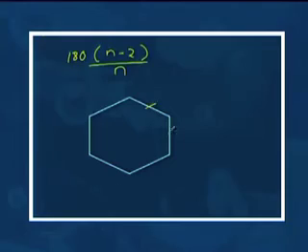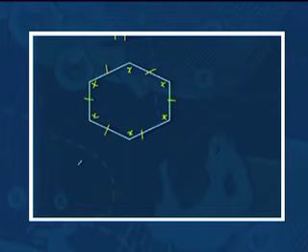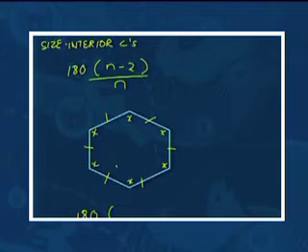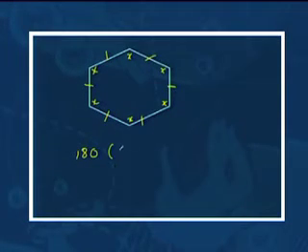So if we look at a regular hexagon, remember a hexagon has 6 sides, so each of these sides being equal, and each of the angles, if we just call them all x, they are all equal to each other. If I would like to determine what the size of each of these angles are, all I've got to do is substitute it into my formula to work that out. So it's 180 times n, which we know is 6 since we're dealing with a hexagon, minus 2, all over n, which once again is 6.